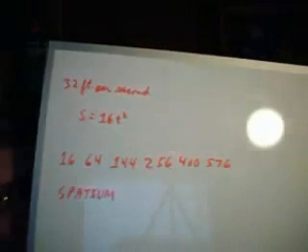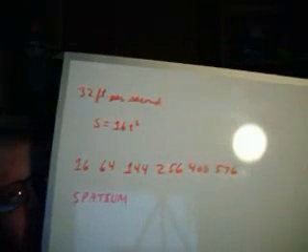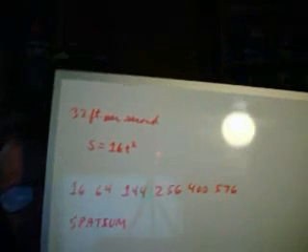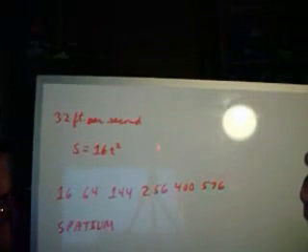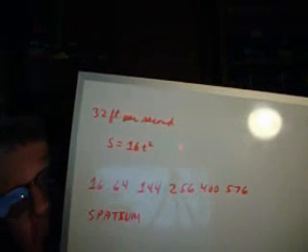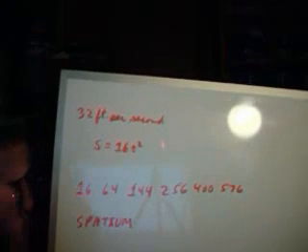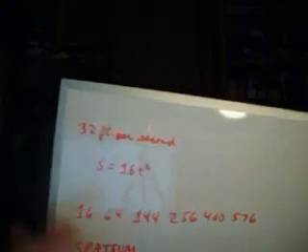If you drop an object, it's going to move at approximately 32 feet per second. Newton proved this, and you can go through all the wonderful stuff to see this truth for yourself, but just take my word for it. If you have an object, you start dropping it, and you're near the earth, it's going to drop at about 32 feet per second. Okay?